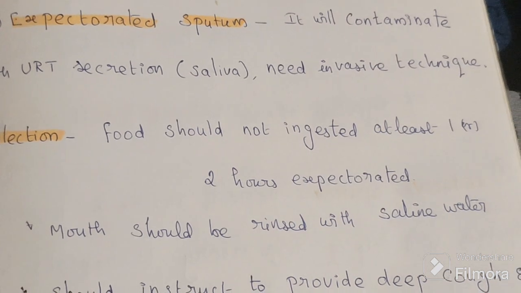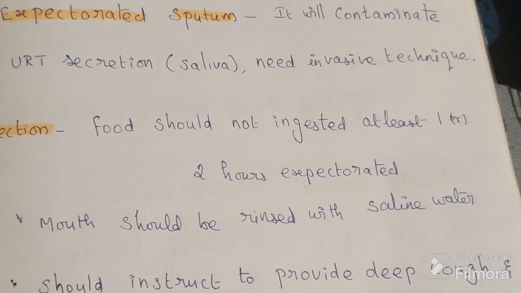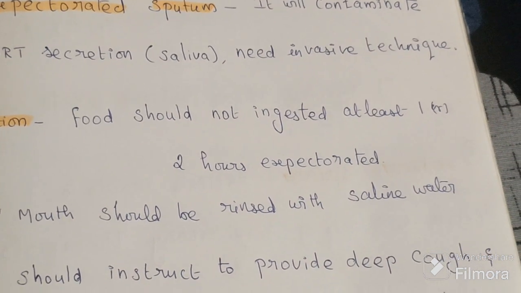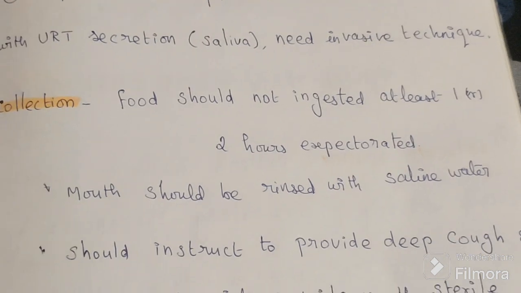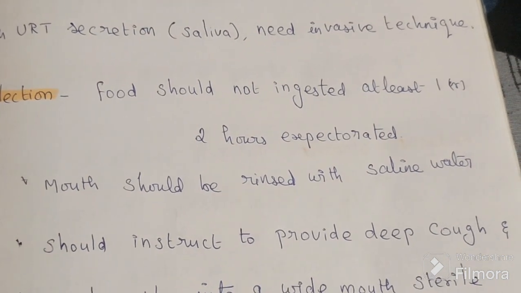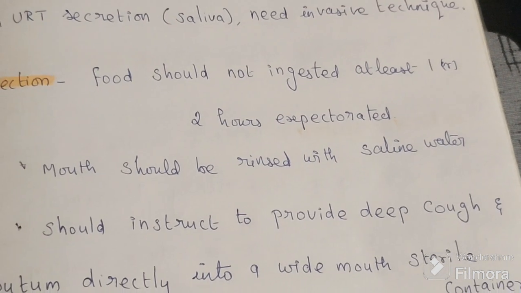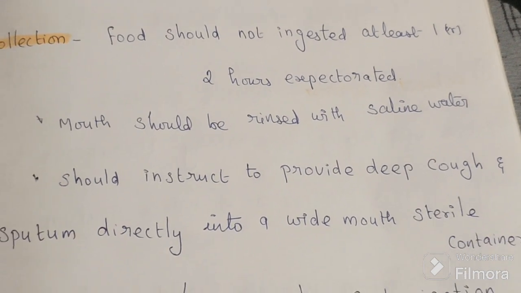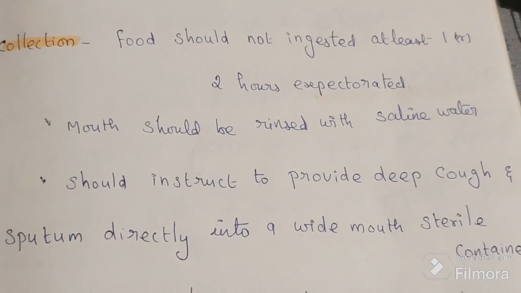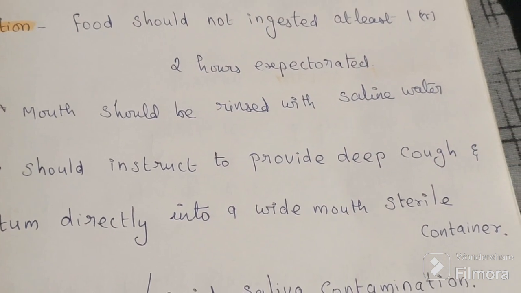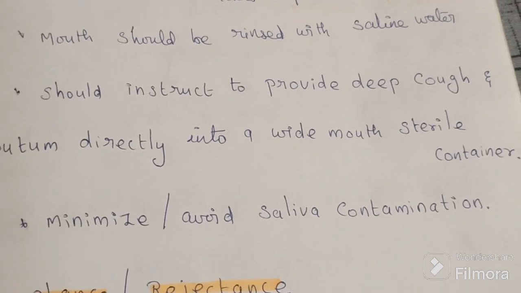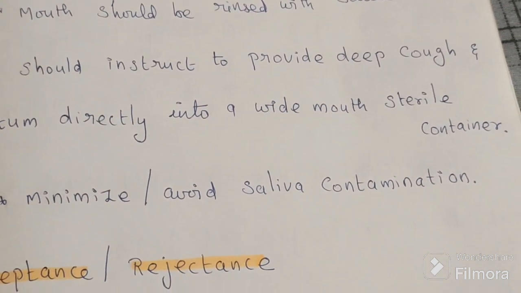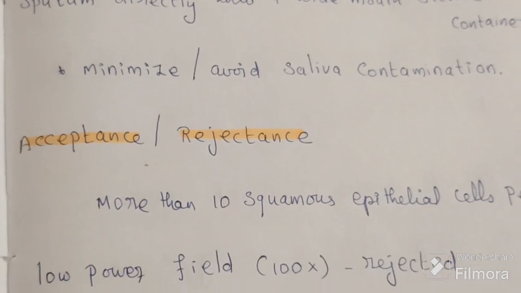Collection: the patient should not have eaten for at least 1 or 2 hours. The mouth should be washed with saline water. Then instruct the patient to cough and provide sputum directly into a wide-mouth sterile container, minimizing or avoiding saliva contamination.